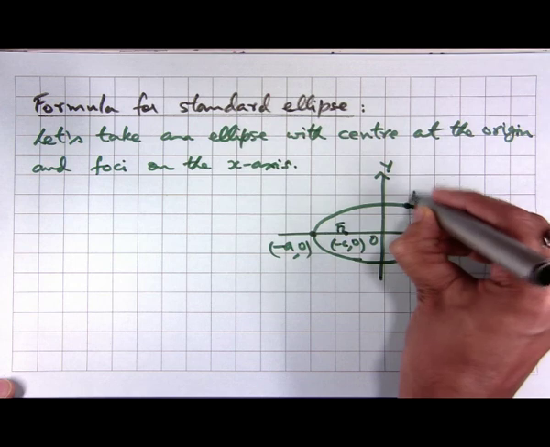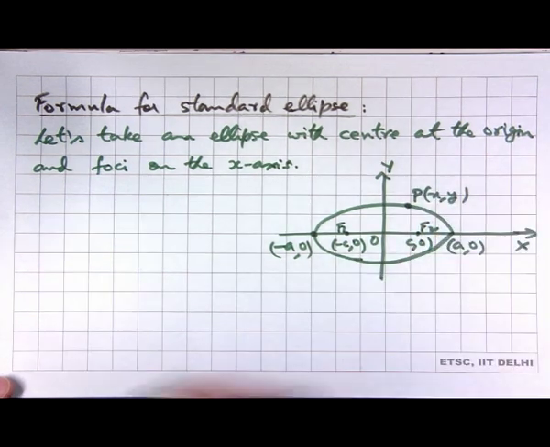Suppose P(x, y) is any point on the ellipse.